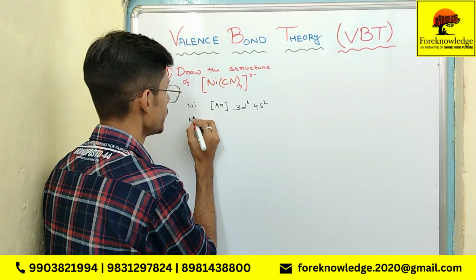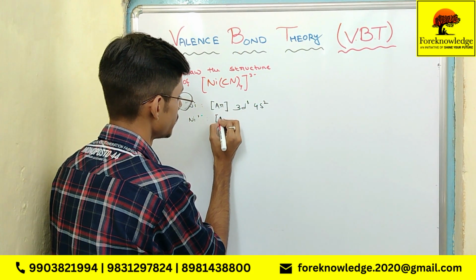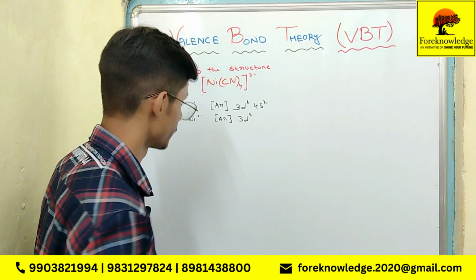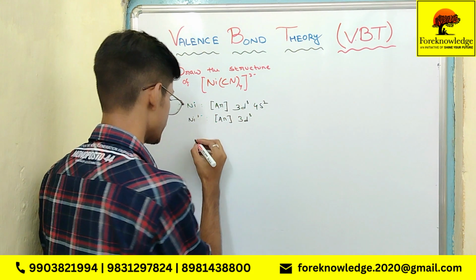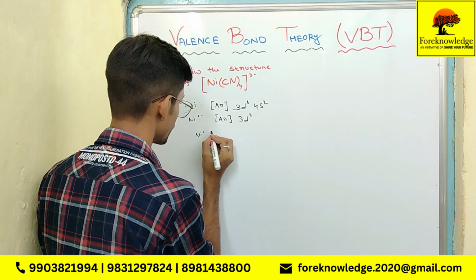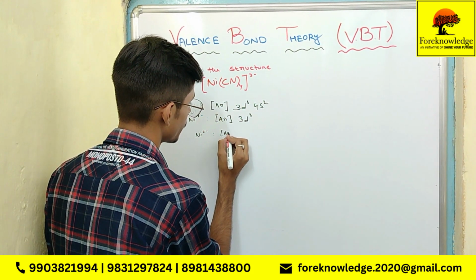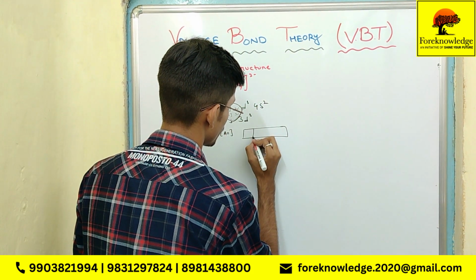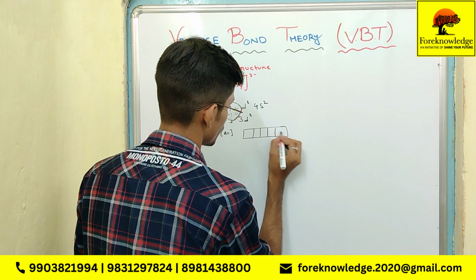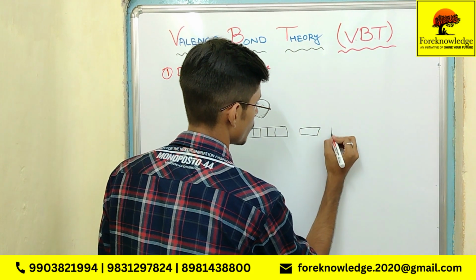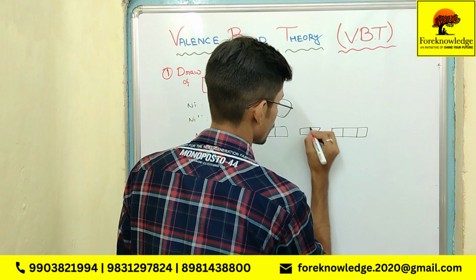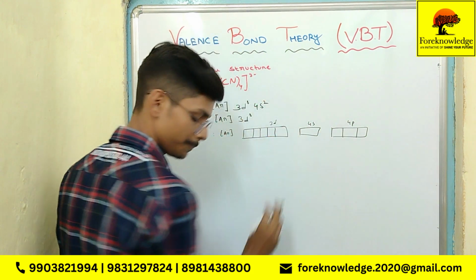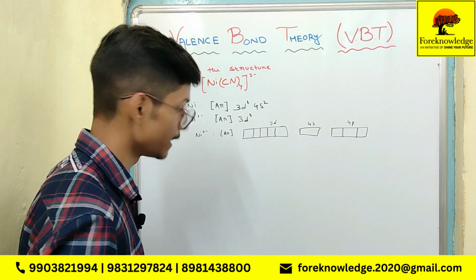Now, what will be Ni2 minus? It will be Ar 3d8. Okay. Now, how will it look like? It will look like 3d8.